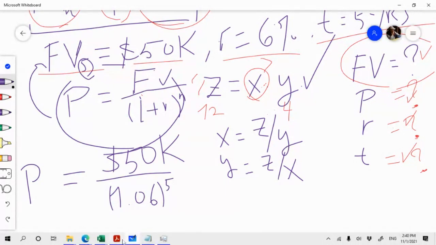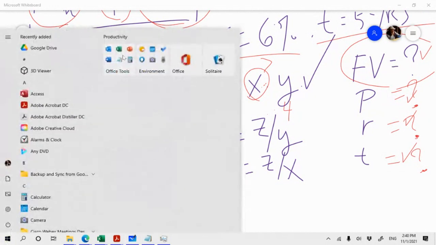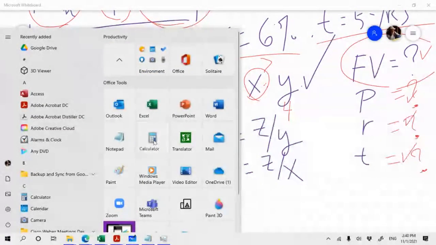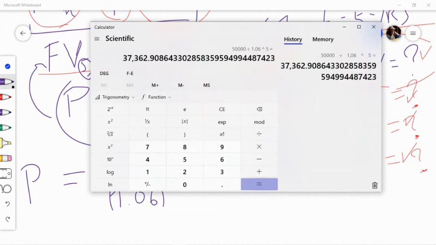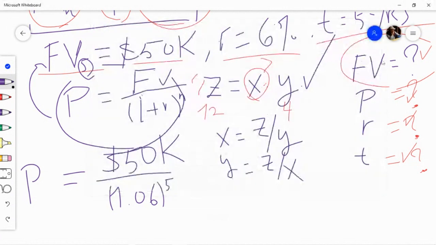So then, using your calculator, and we have a built-in calculator, all you need to do is 50K divided by 1.06 raised to 5. Okay, and then what do you get? 37,362.91.